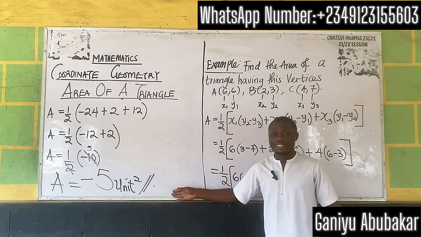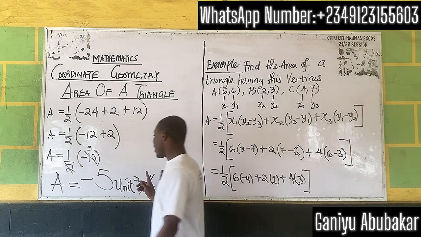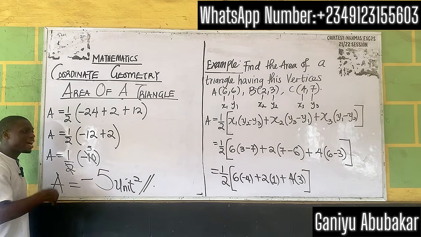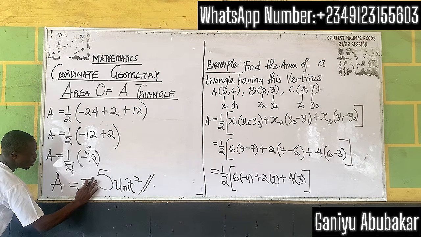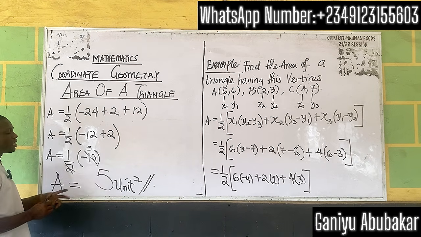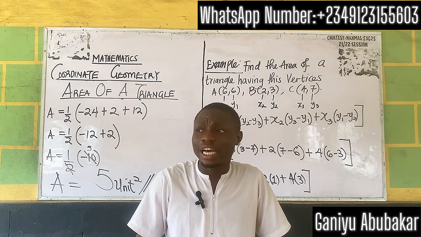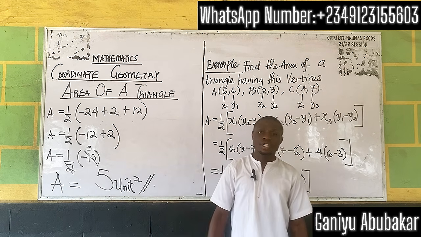For instance, length, area can never be negative. So since my answer is giving negative 5 units square, but because it is area, and area should not be negative, in that case, I will erase this negative, and my answer gives you 5 units square. So note that area cannot be negative. So that's why my answer is 5 units square.